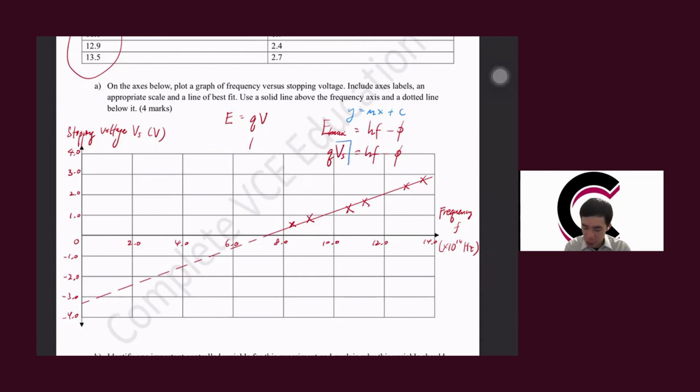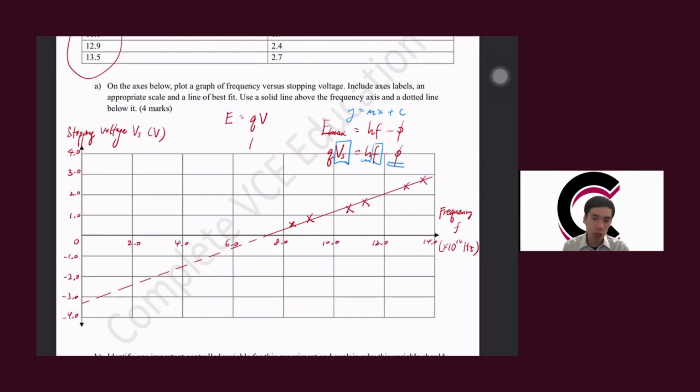If you plot y against the frequency, the intercept, c, would be the negative work function, which you just found. That's 3.3, which is negative, so negative 3.3 is minus the work function. But the gradient of this graph would be Planck's constant, so it should be a constant. You should use the gradient to figure out what the Planck constant is.